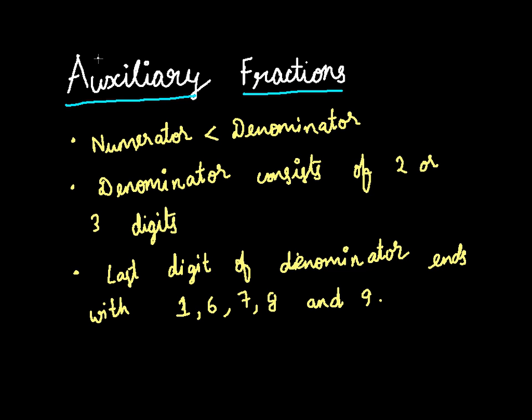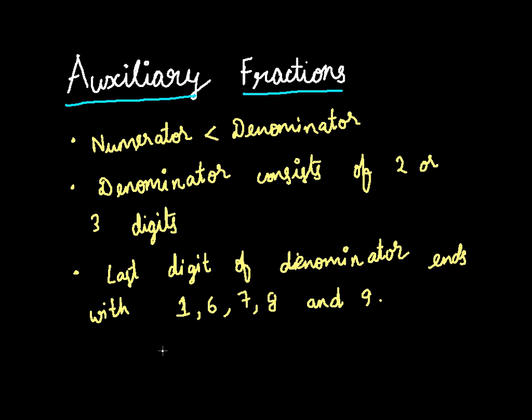The techniques are useful when a particular fraction satisfies the following conditions. The fraction has a numerator less than denominator, consists of 2 or 3 digits, and finally the last digit of the denominator ends with 1, 6, 7, 8 or 9. Don't worry here.